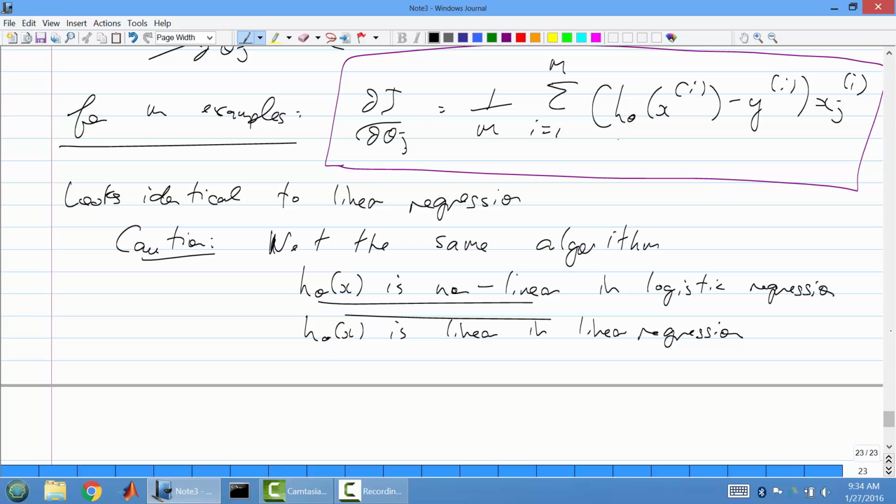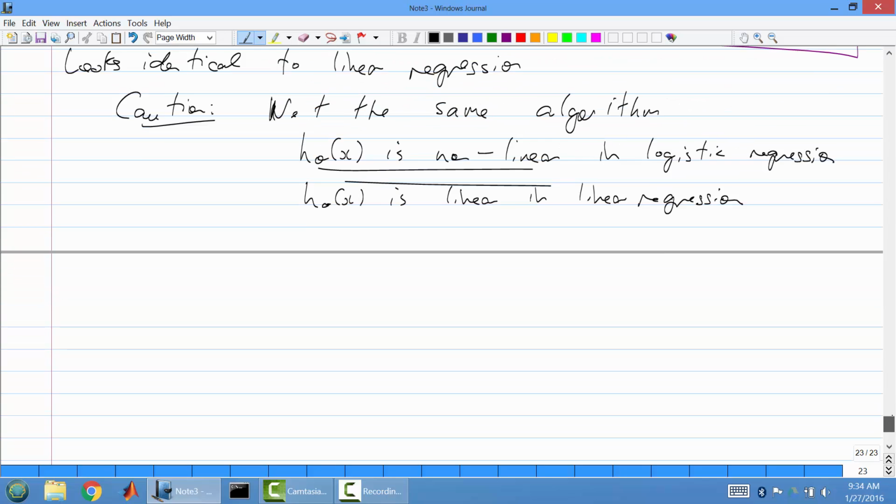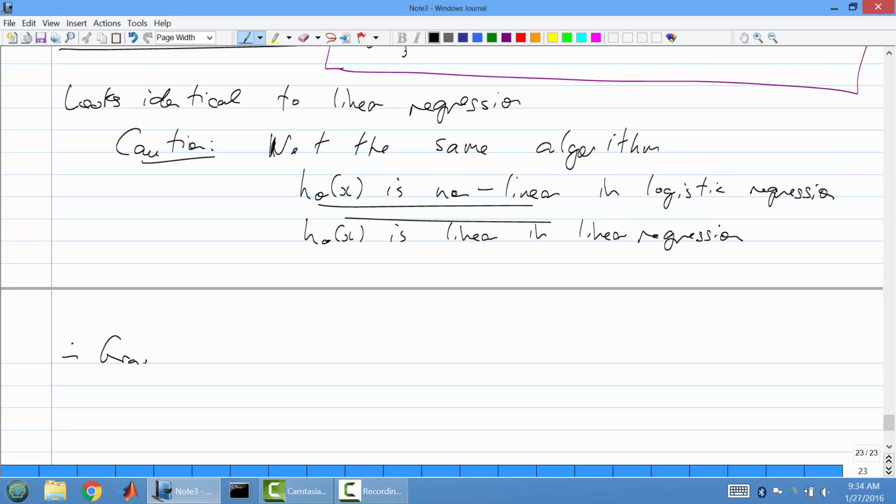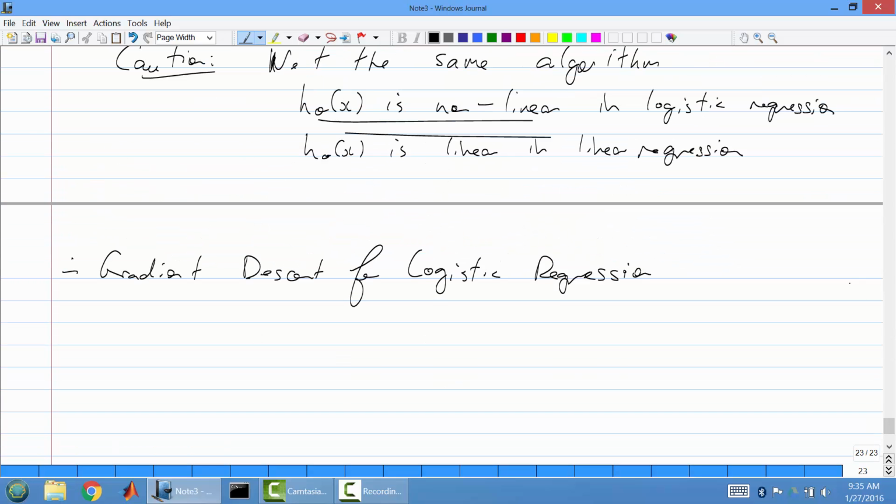So this is what the final gradient descent looks like. Let me just move up so you guys can copy. So the first part, initialize theta 0, theta 1, up to theta n. And then finally, repeat until convergence.